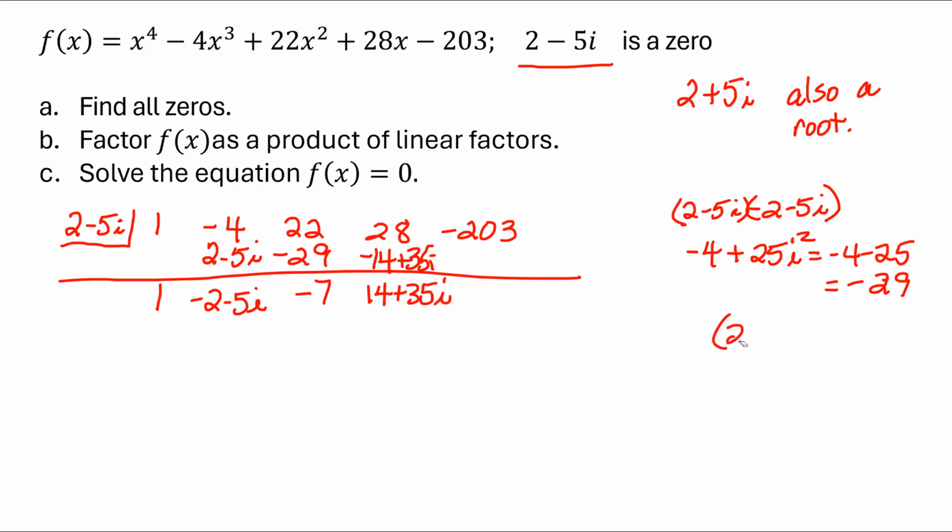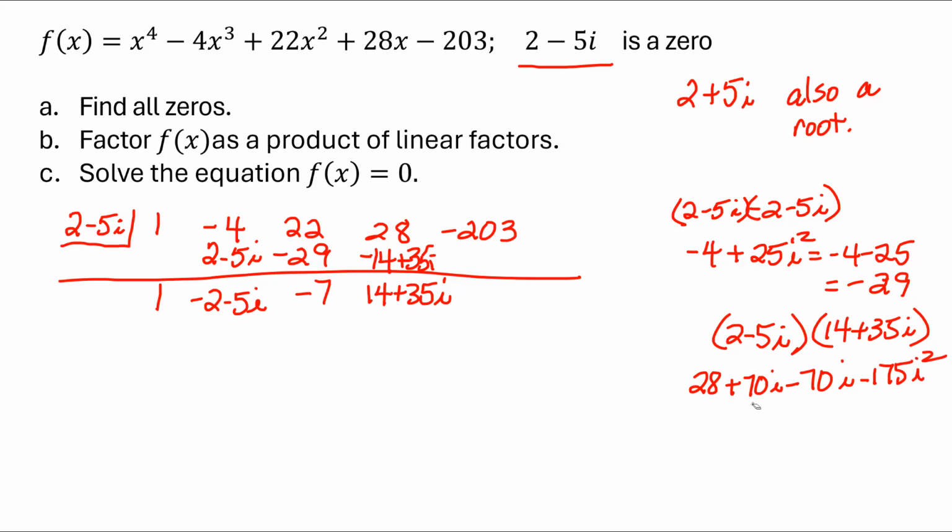So I need to multiply 2 minus 5i times 14 plus 35i. So 2 times 14 is 28. 2 times 35 is 70i. And then you've got minus 70i minus 175i squared. So 28 plus 175 is 203, which is what we expected.